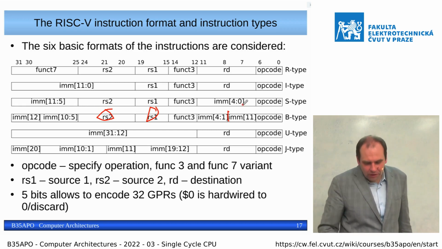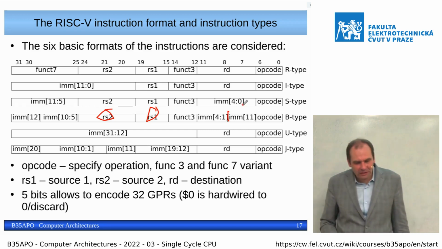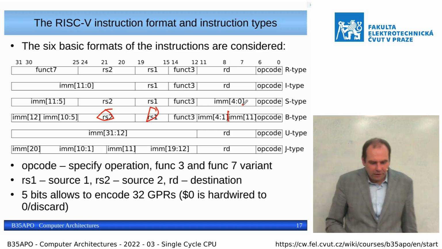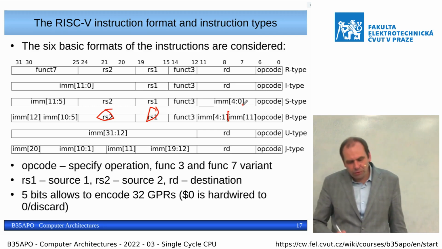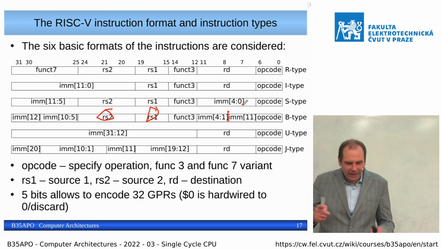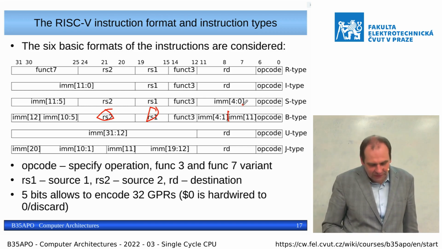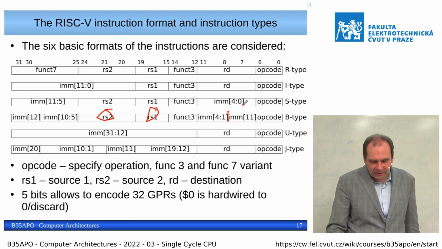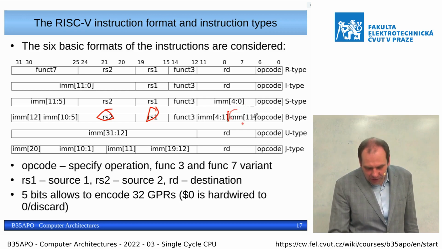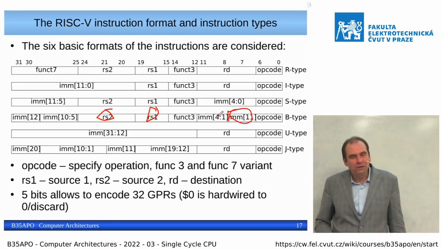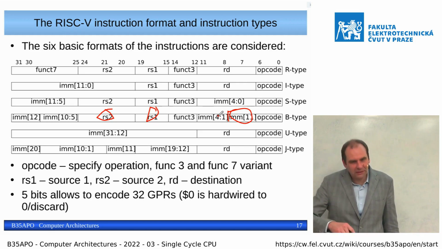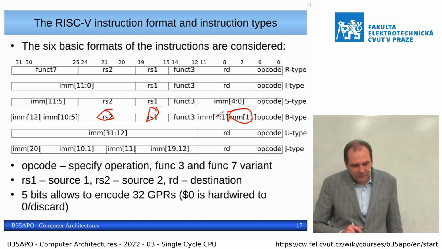So instead of the branch range of plus minus 2048 bytes, they decide that the range is in fact multiplied by 2, to 4096 in one direction, and in the other direction it is a little less bytes.